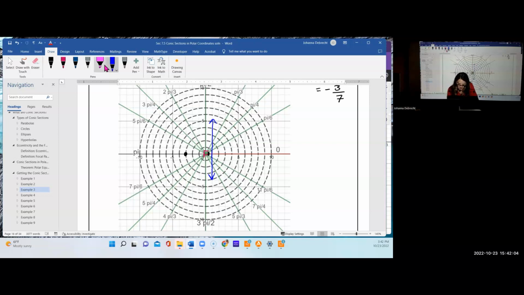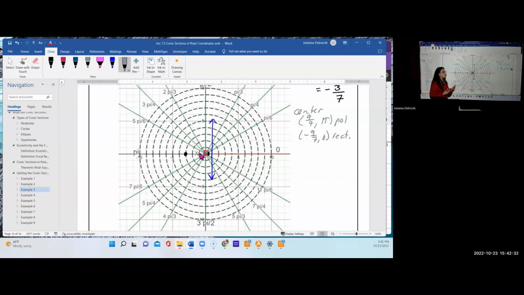So our center has to be out here at -9/7. So somewhere around in here. So the center can be located in the polar coordinate system at 9/7, pi, that's polar, or -9/7, 0 in the rectangular system, whichever way you want to write it.